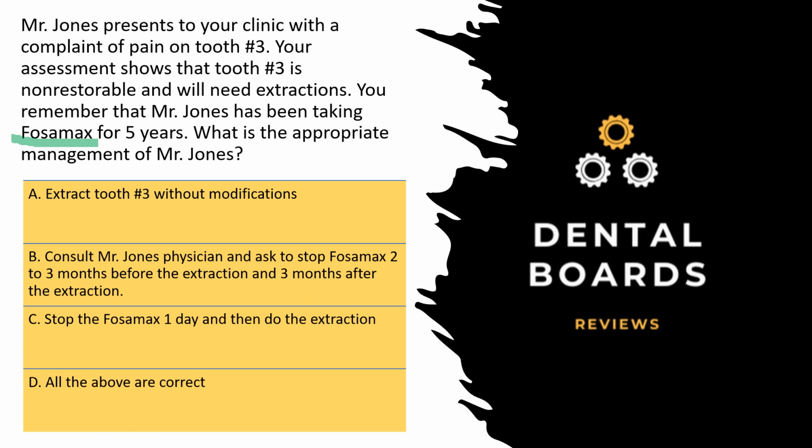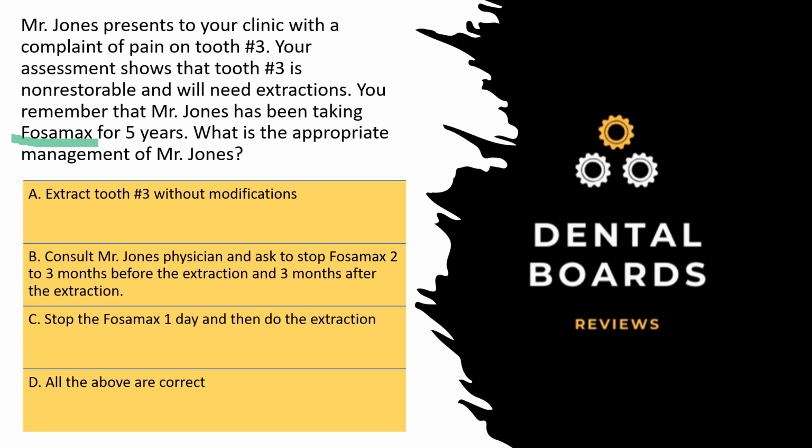Okay. Now, if Mr. Jones comes in and has a long history of uncontrolled disorders, or is immunocompromised, then B will be appropriate. So the new recommendations leave it up to the clinician to assess the patient and assess the risk of developing MRONJ.